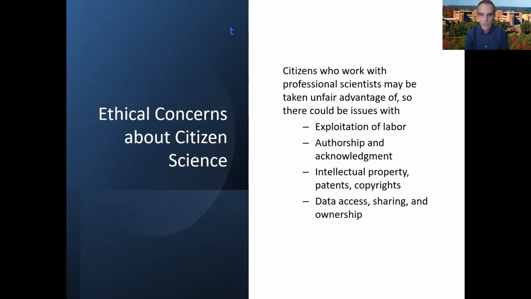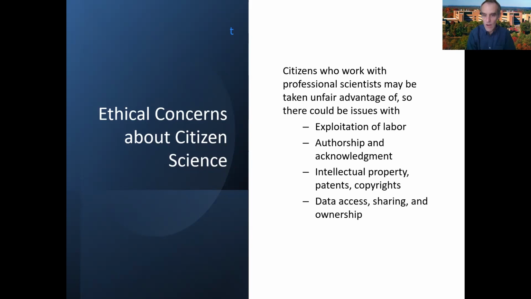This ties into the issue of authorship and acknowledgement, whether citizens should be authors on scientific papers, if that's what they should be, the proper reward for what they've done, whether they should be acknowledged, how they should be acknowledged.